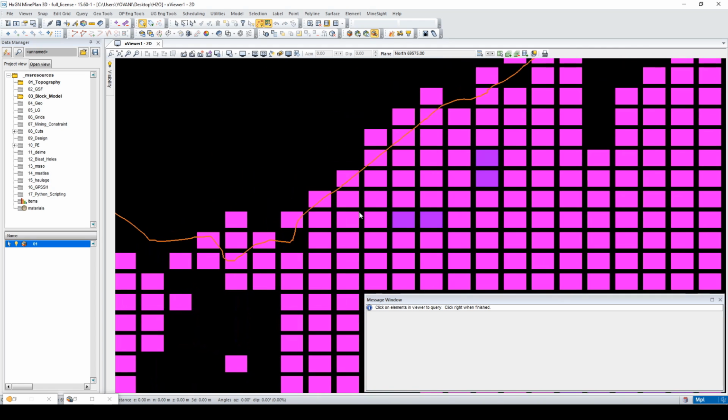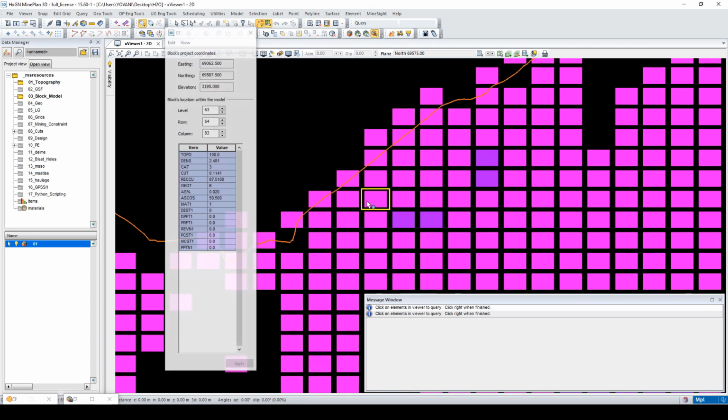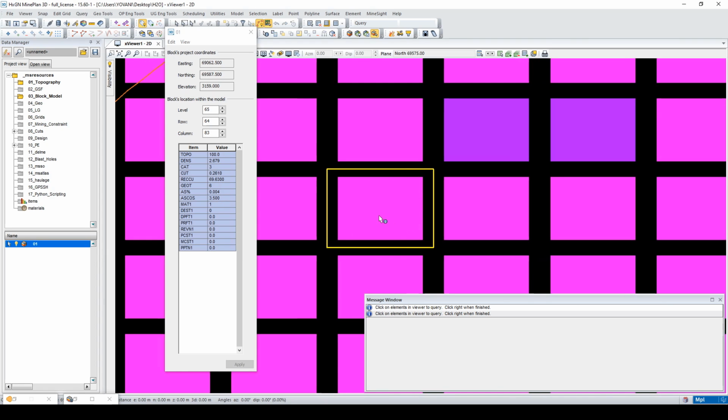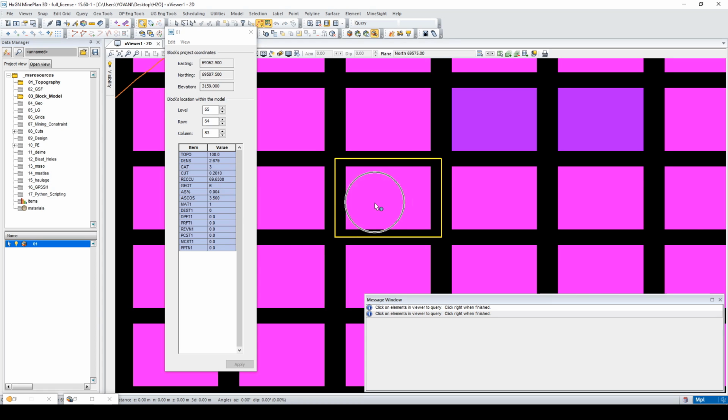We can carry one block. Okay, and we have the extra processing cost. So let's see. Here we have 0.004% of arsenic.